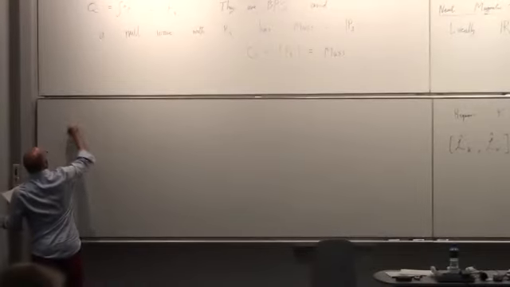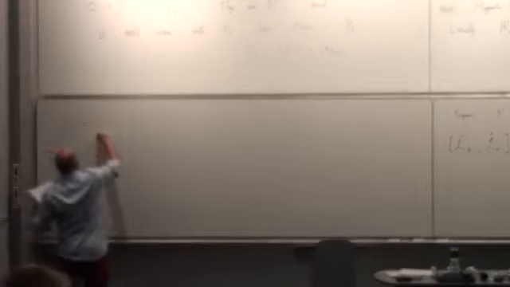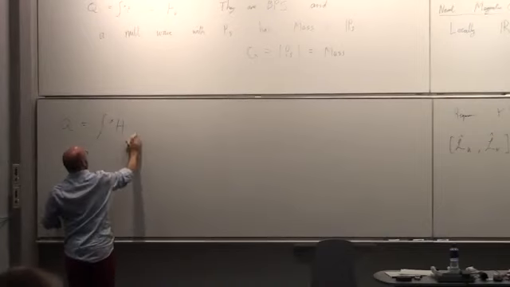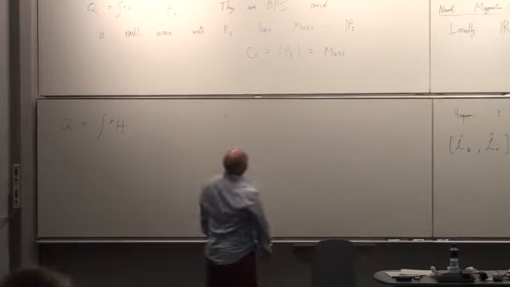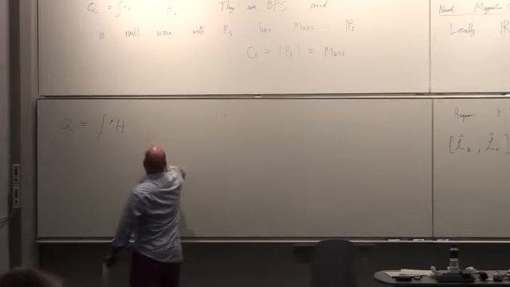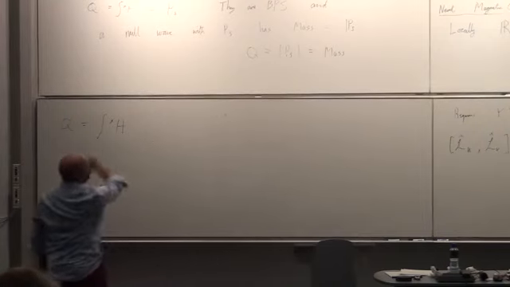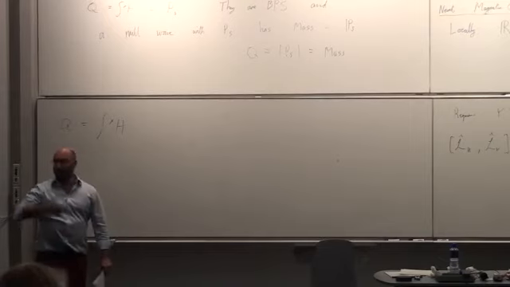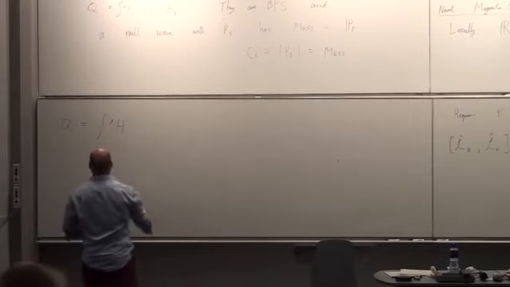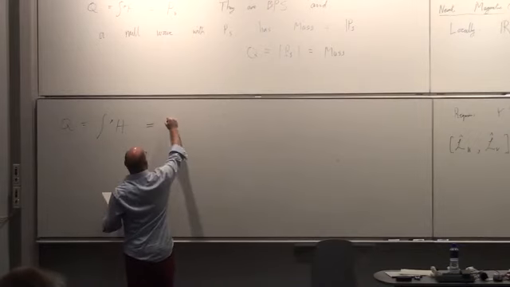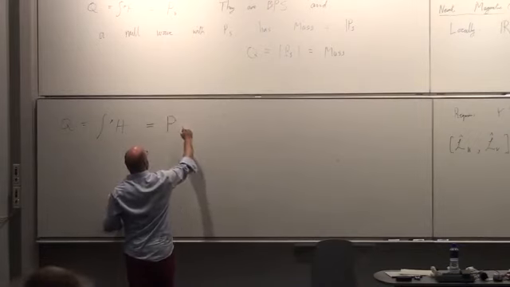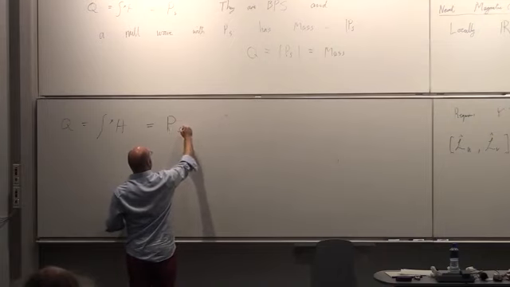So the electric charge of this supergravity is given by the integral of star h, where h is dB. Following through this calculation, and then you can actually find the precise solutions, this will be P x tilde mu.